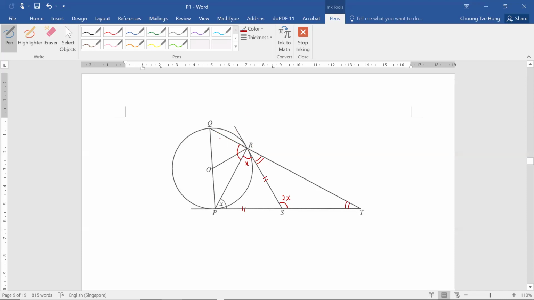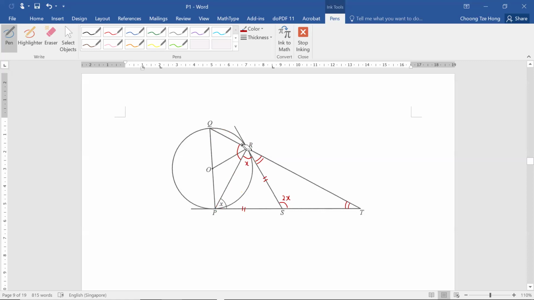You see here, PQ is the diameter. So angle QRP is the angle formed at the circumference from the two ends of the diameter. That means it is a right angle in a semicircle, because PQR is a semicircle.